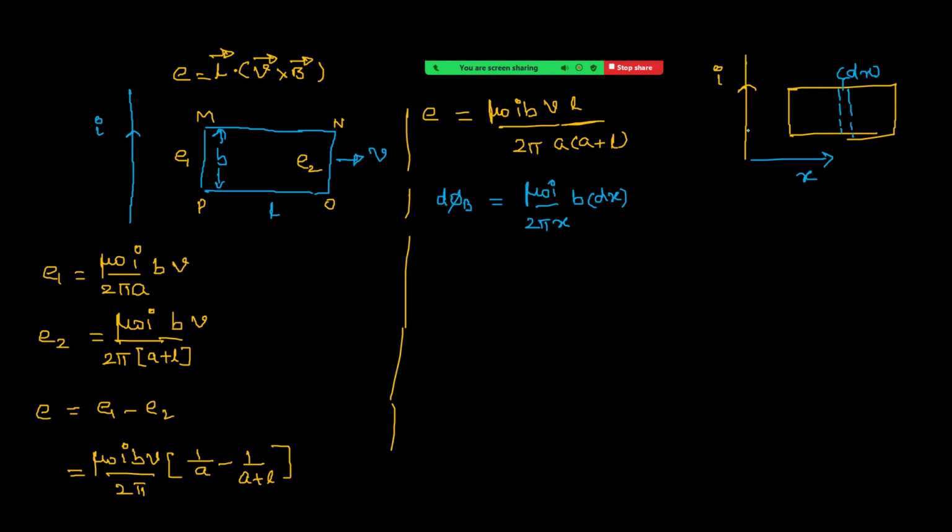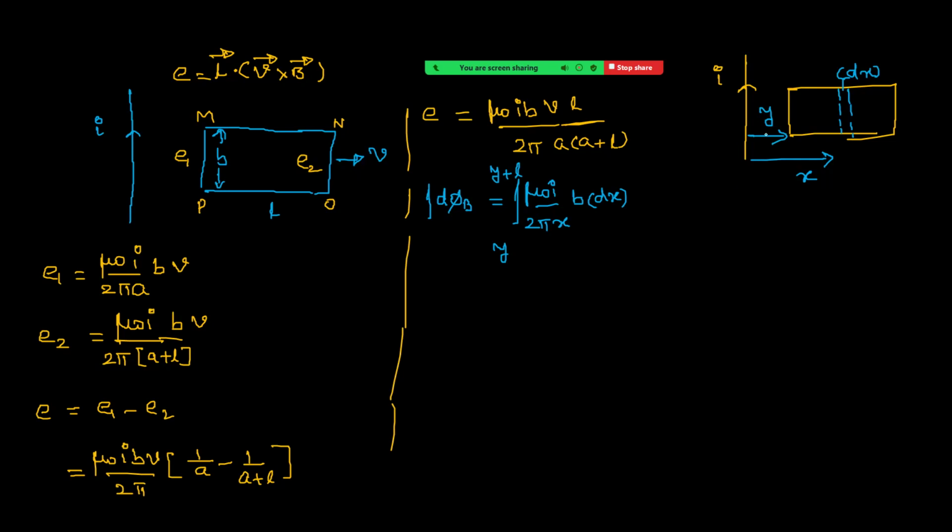But remember, this length given as A is not a constant, because it is moving. So now I'm taking this distance as y, which is variable, and taking limits from y to y plus L. I hope you got the clarity why I have taken y here: this distance is not fixed, because the loop is moving.